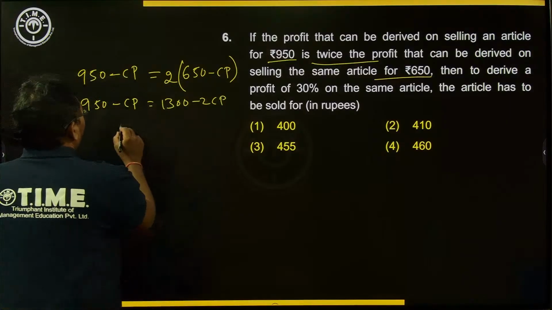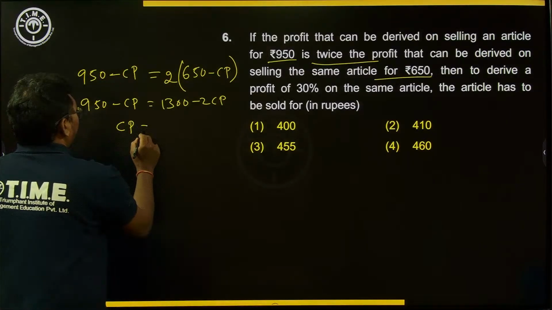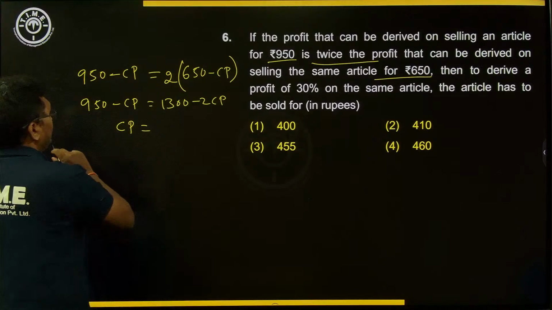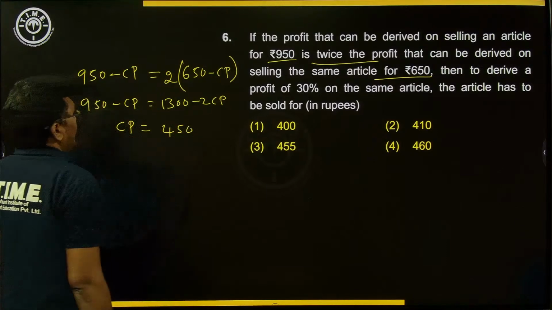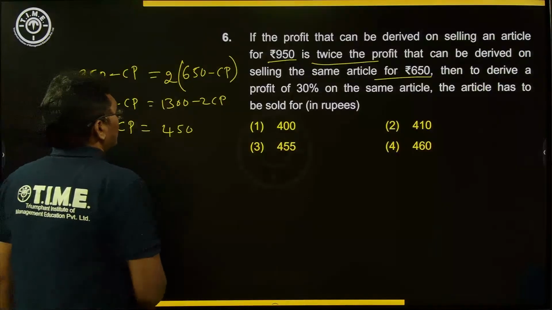So next, CP is equal to 1300 minus 950, that is 350, right?